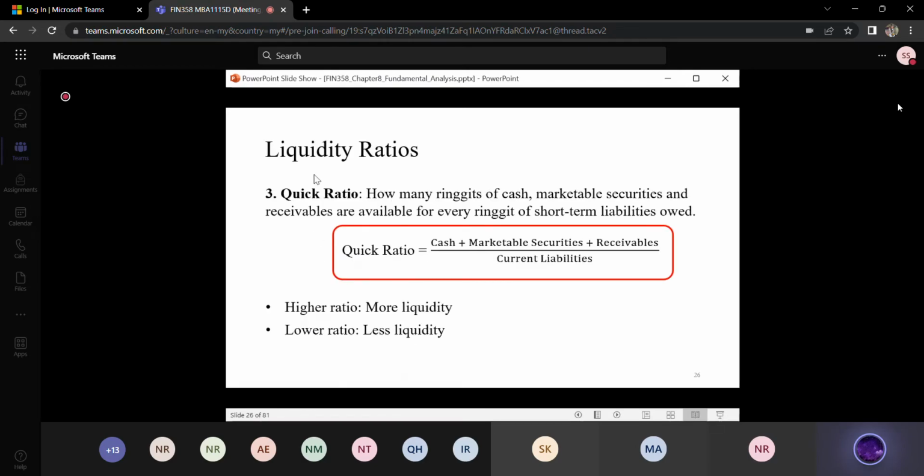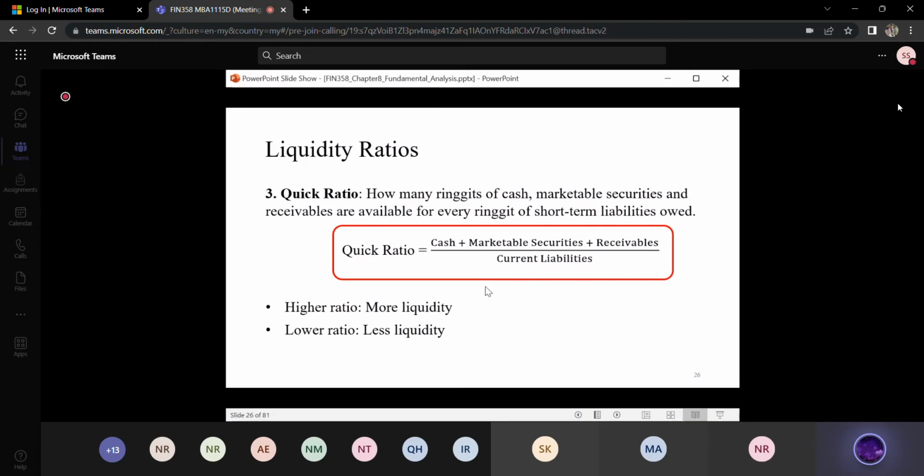Next, we check on the quick ratio. So how many ringgit of cash, marketable securities, and receivables are available for every ringgit of short-term liability? So we have cash plus marketable securities plus receivables, divided by current liabilities.